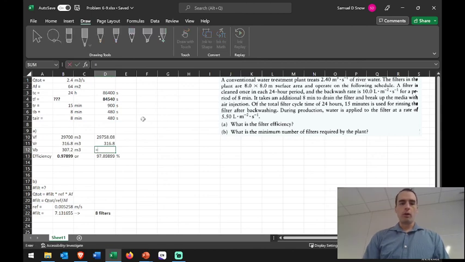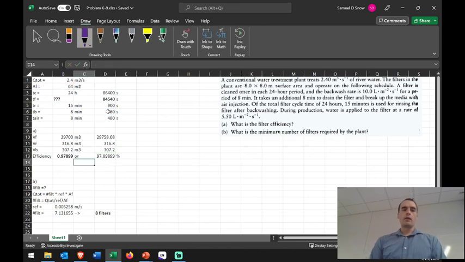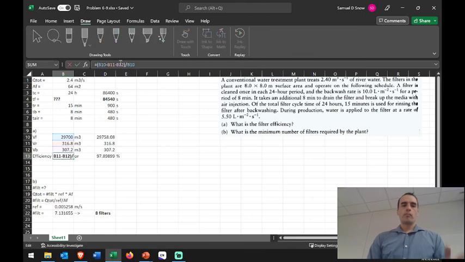And same for the backwash. I've got the time backwashed times this loading rate. The loading rate for the backwash was 10 liters per square meter per second, so that's 0.01 cubic meters, again times that 64. So we get those three values, and then we can calculate our efficiency based on our efficiency equation.